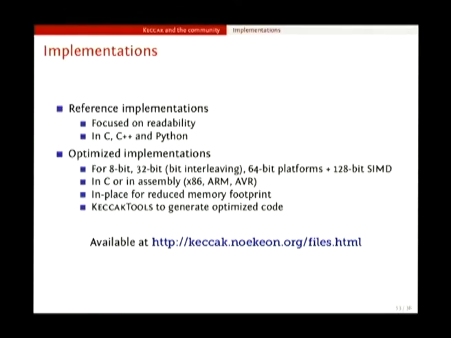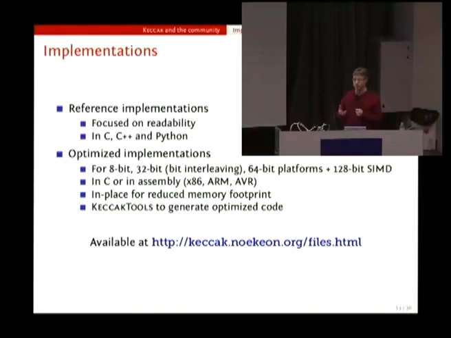Okay, so let's talk about implementations. If you go on our website, you will find 2 kinds of implementations. One set are reference implementations. There, the goal is to have readable code, something that can be checked and you are sure it's correct. You have some in C, in C++, in Python. And then another set are the optimized implementations.